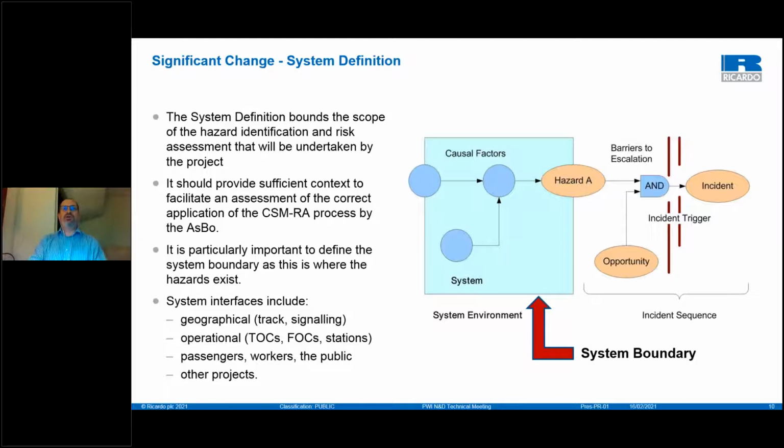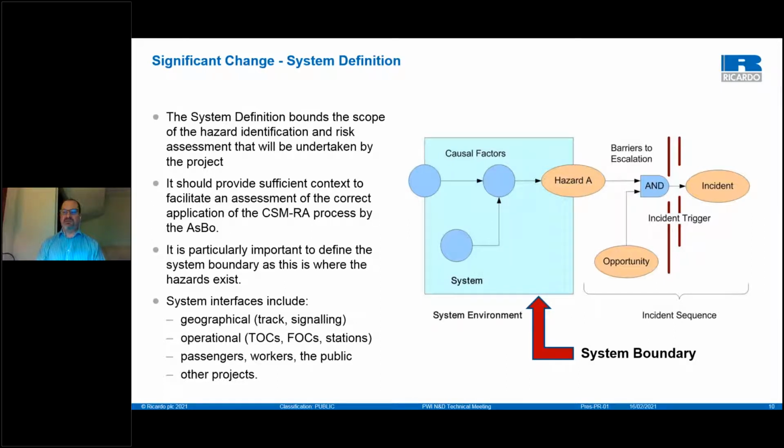It should provide enough context to allow the risk management or hazard identification process to take place comprehensively, but not onerously. It also needs to be able to determine where hazards are in control of the project and where they're not, and determine where, at interfaces, those hazards can be transferred to other CSM actors for ongoing management.